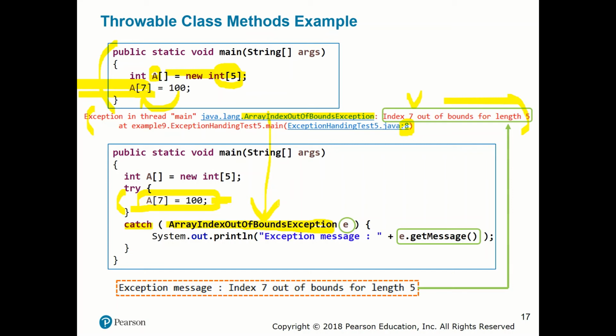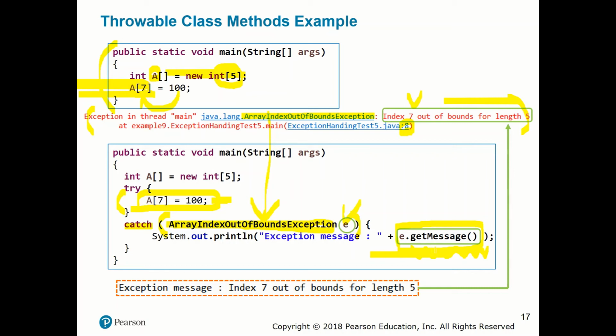And I told you that in catch parentheses, you must write one variable. You can use this variable like e.getMessage. The getMessage method is in the Throwable class, so we can use it like this.